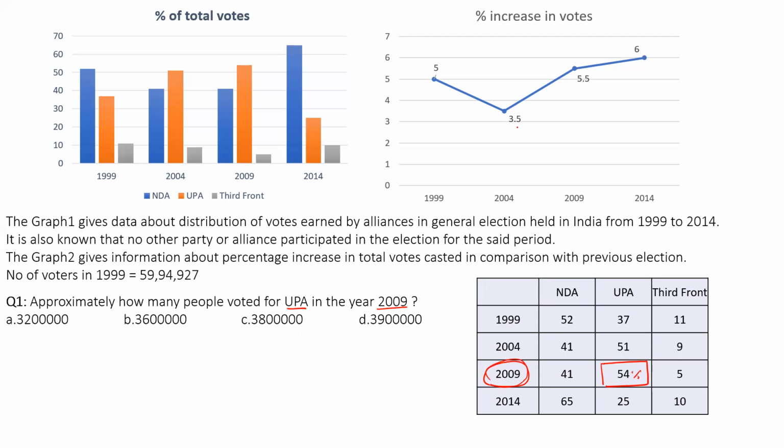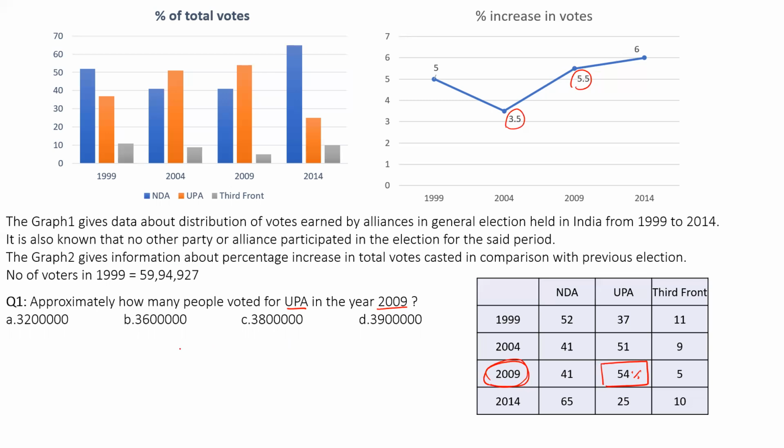So, looking at the graph 2, I can say that from 99 to 2004, there were increases of 3.5% and 5.5% each. So in order to calculate the percentage increase, I need to use the successive percentage change formula.